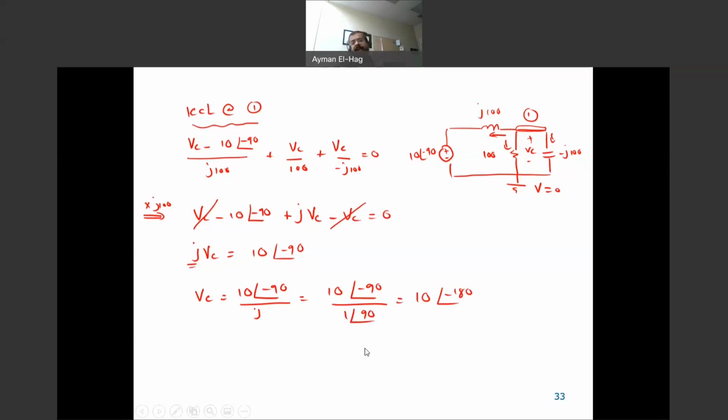So here, obviously, nodal will be your pick. This is the best way to solve the question, but it's not always the case. It's good to know a couple of techniques, but as I said, in the final, you will not be required to use any specific technique in your solution.